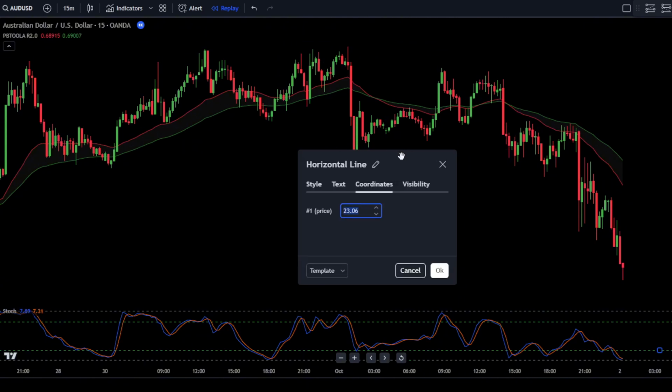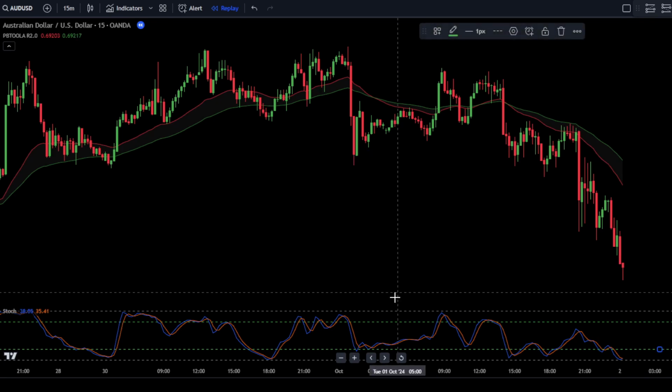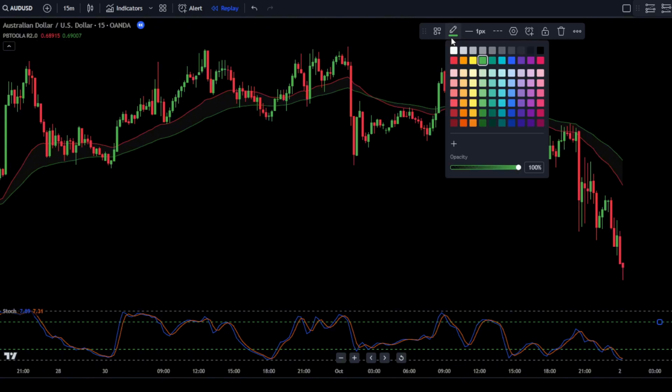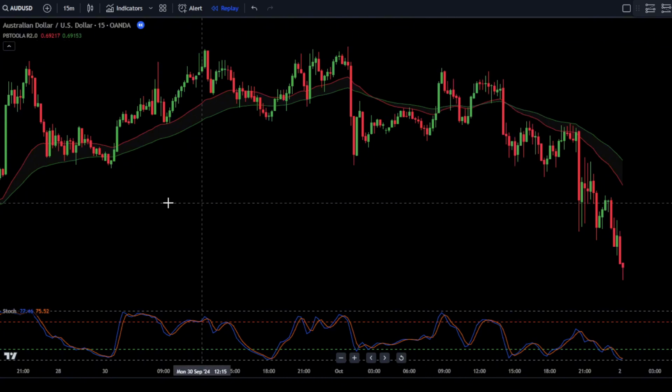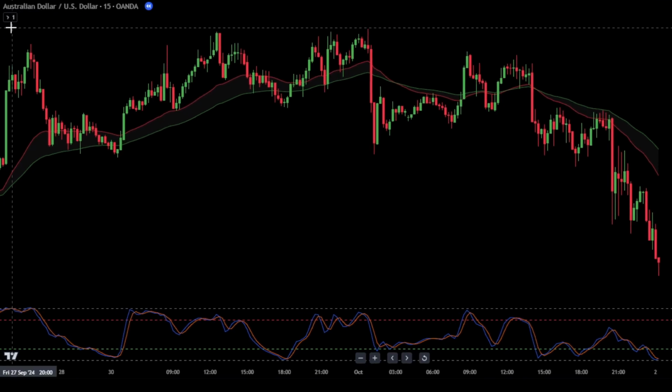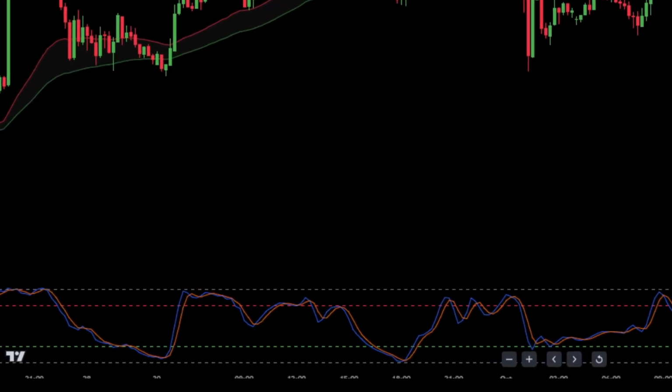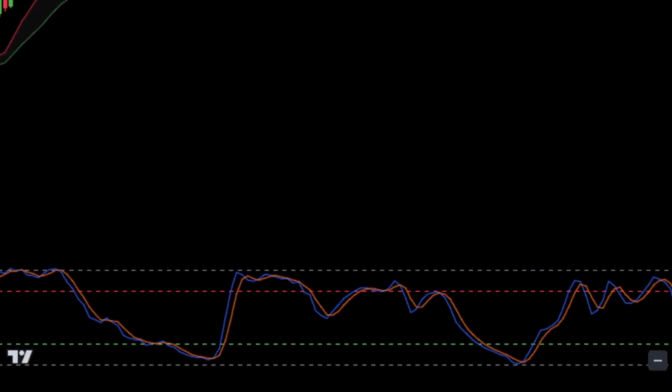Set the level of the second horizontal line to 25. For the color of the lines, feel free to adjust them according to your personal preferences. This stochastic indicator will be used as a guide for placing entries in the market.